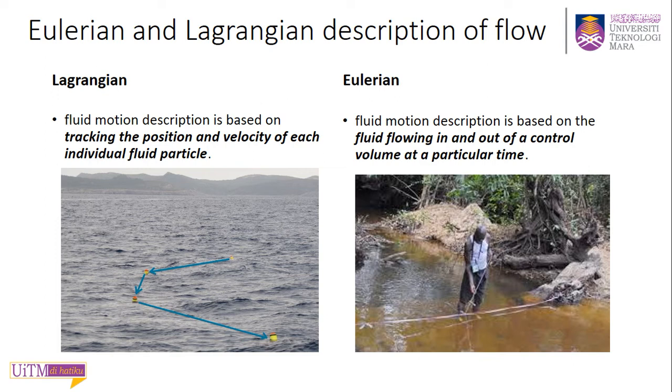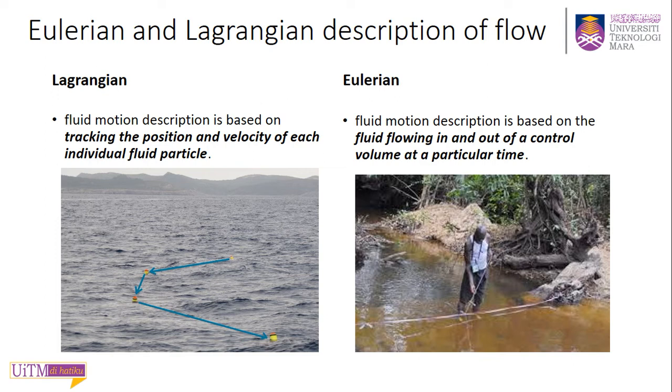Okay, the next thing is, in any fluid flow study, there are two different approaches to study that flow. One is what we call Eulerian, and the second one is what we call Lagrangian.